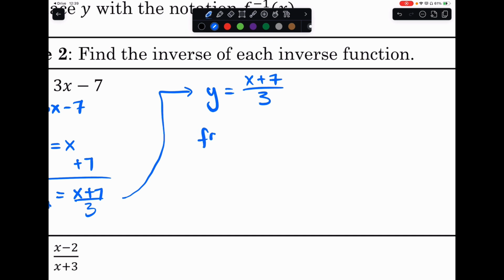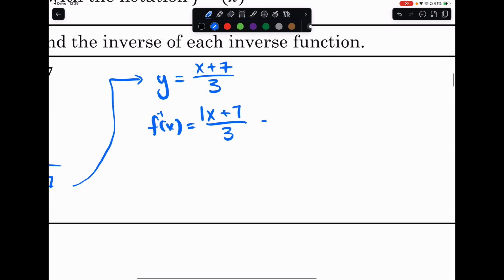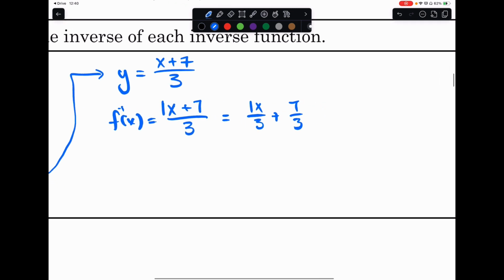Our inverse, f inverse of x, is equal to x plus 7 divided by 3. Now we can rewrite this in several forms. Remember, this right here is an invisible 1, so this is 1x. We can write this as 1x divided by 3 plus 7 divided by 3, which can also be written as 1 over 3 times x.